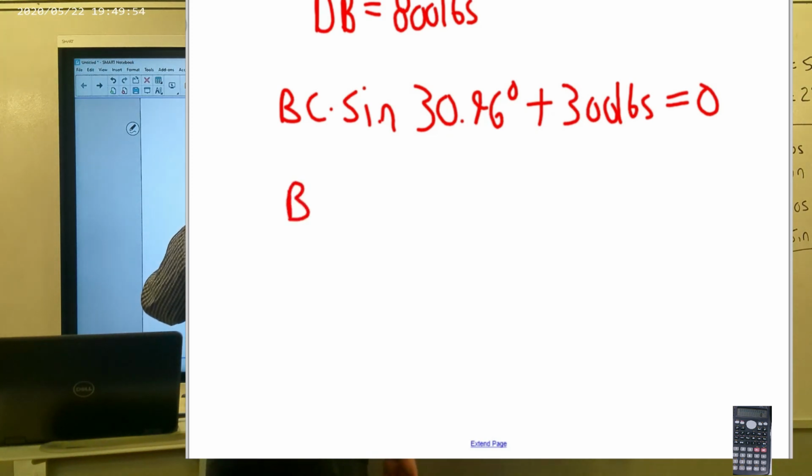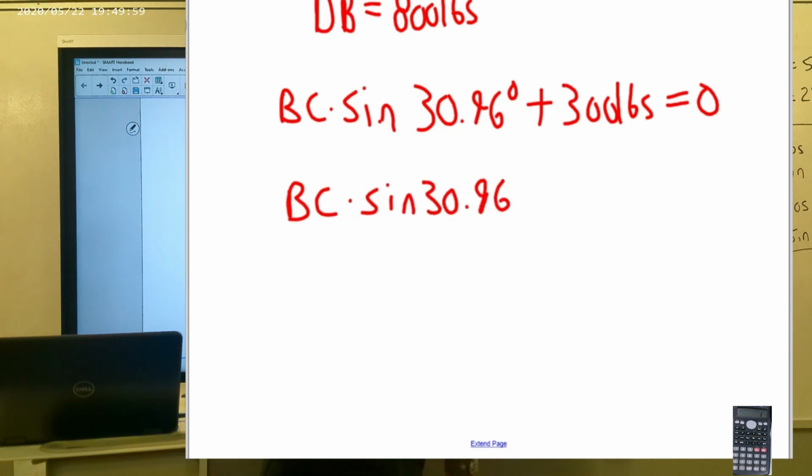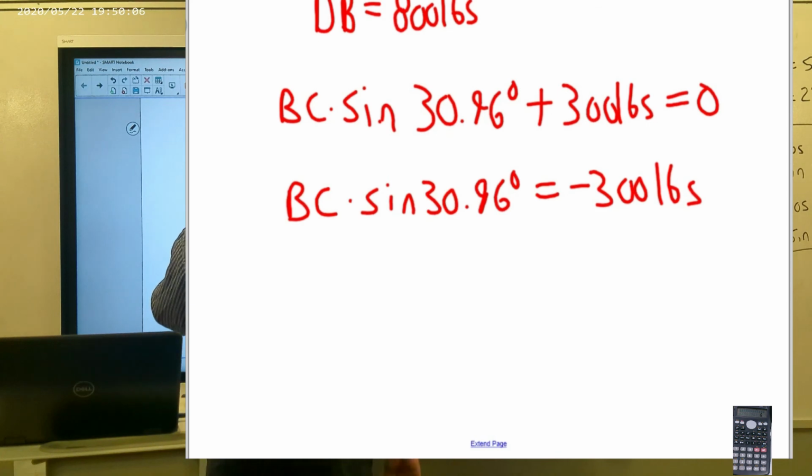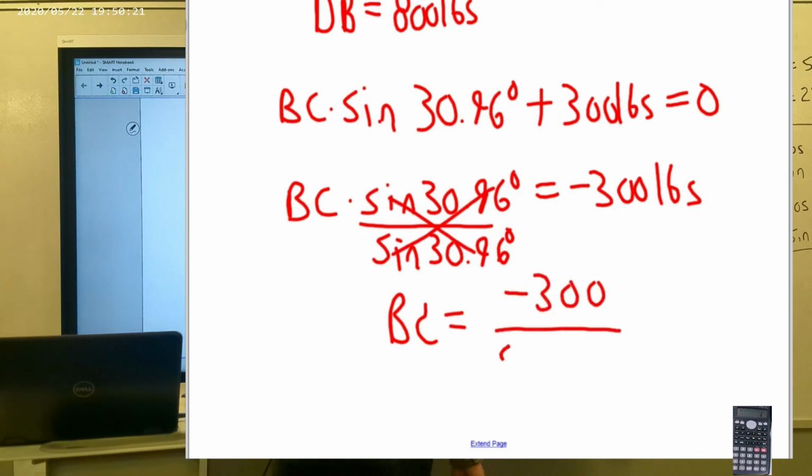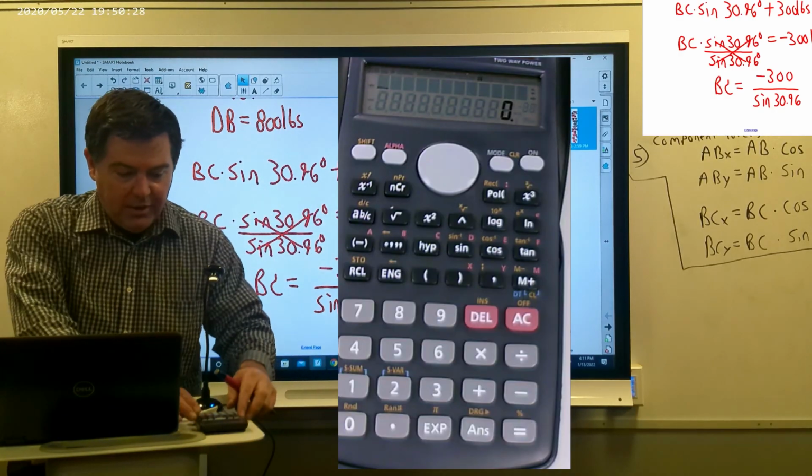So we have BC times the sine of 30.96 degrees equals negative 300 pounds. To get BC by itself, we'll divide both sides by the sine of 30.96. It cancels on this side, and we end up with BC equal to negative 300 over the sine of 30.96. And when I plug that into my calculator, again, be very careful how you do this.